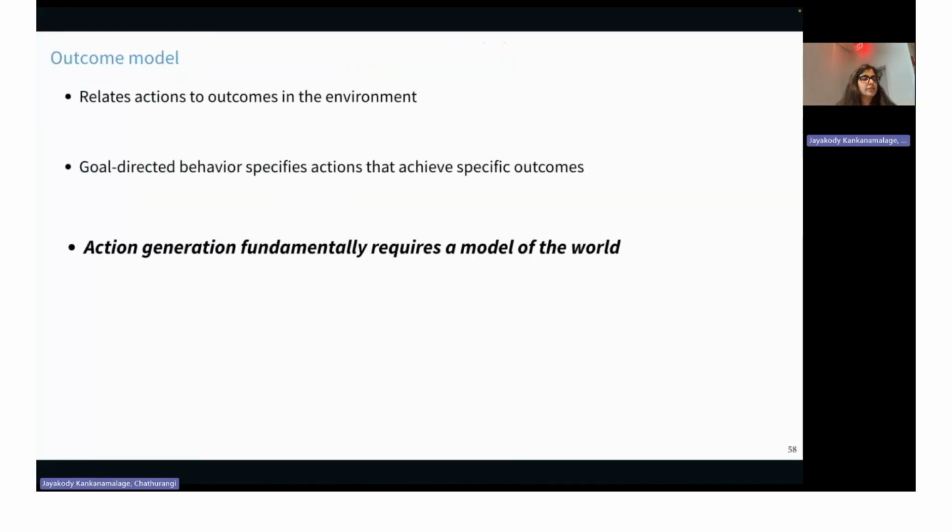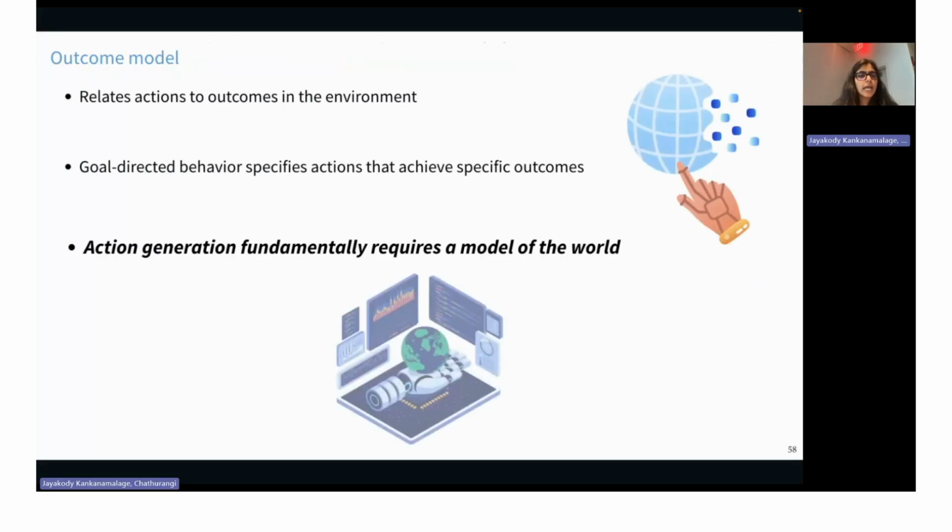The second one was the outcome model, which maps the actions to the outcome. They are basically goal directed behavior specifying actions that would achieve a specific outcome. And to do so, we require a model of the world. We want to know, in this particular model, if I take an action, what would be the outcome?